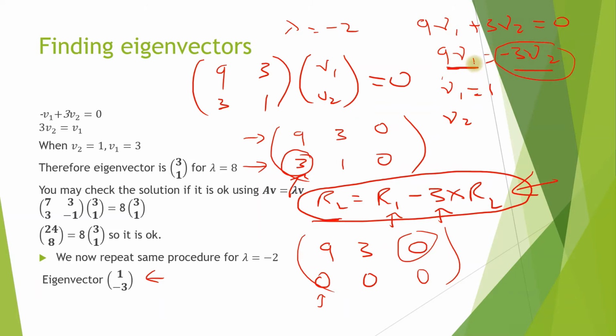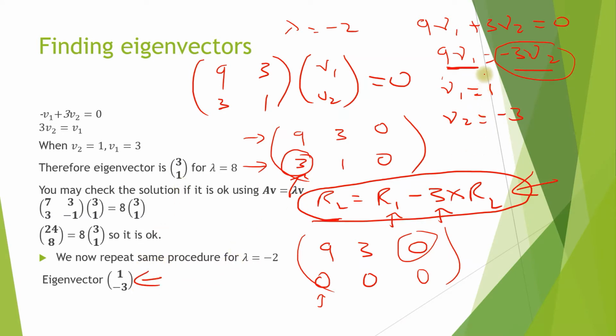Because if nu 1 is equal to 1, this should be equal to 9. It shall be equal to 9 only if you multiply by negative 3. So this is why you got an eigenvector of 1 and negative 3, as you saw here.